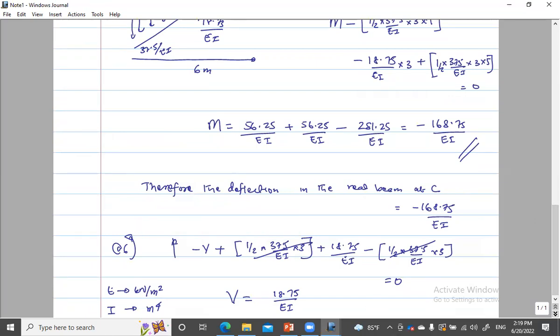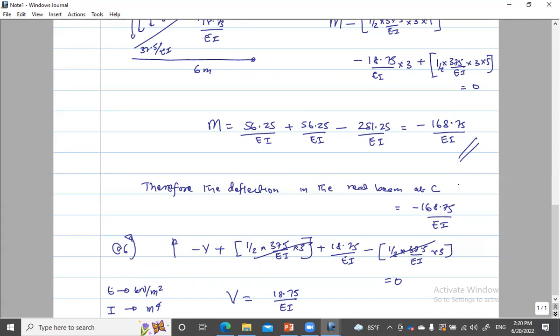So this was just to compare the two methods, and now you might understand this better. I think now you might get a better picture of the conjugate beam method, how to transform support conditions, and how to transform M over E as a load.